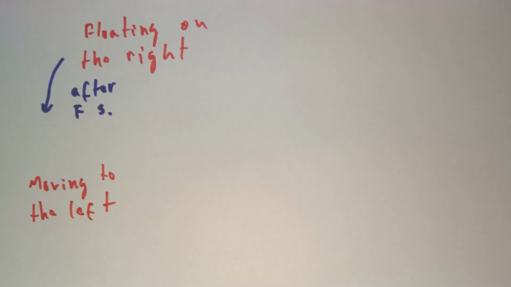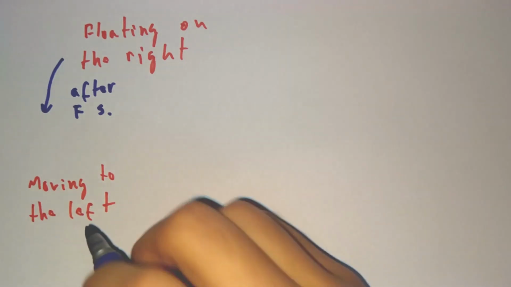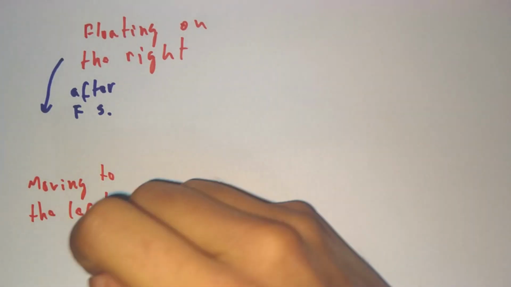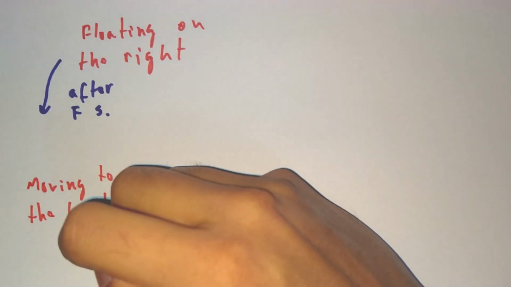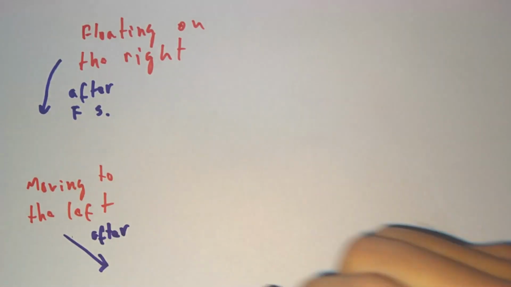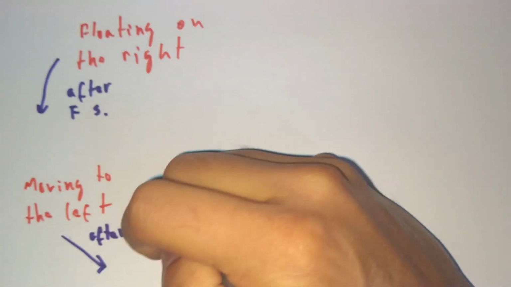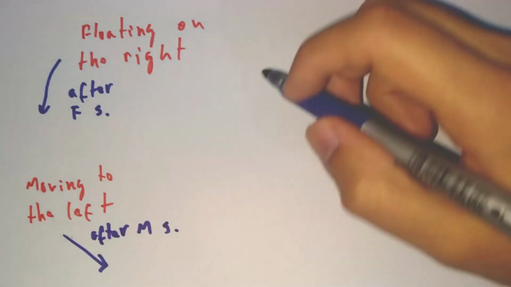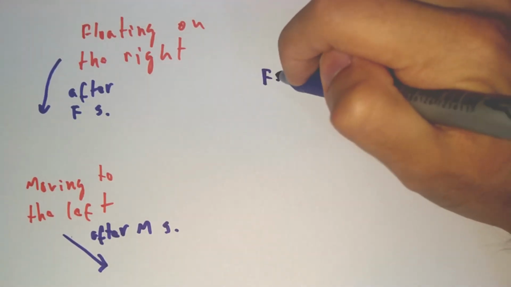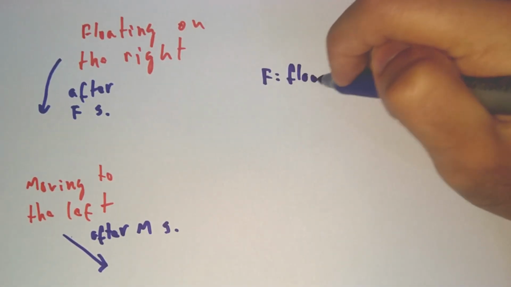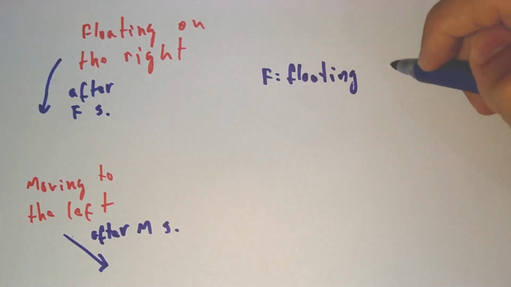So again, we'll add a new transition. After some time has passed, let's say M seconds, we'll change the state again. By the way, F is the floating time, given in seconds. Okay?